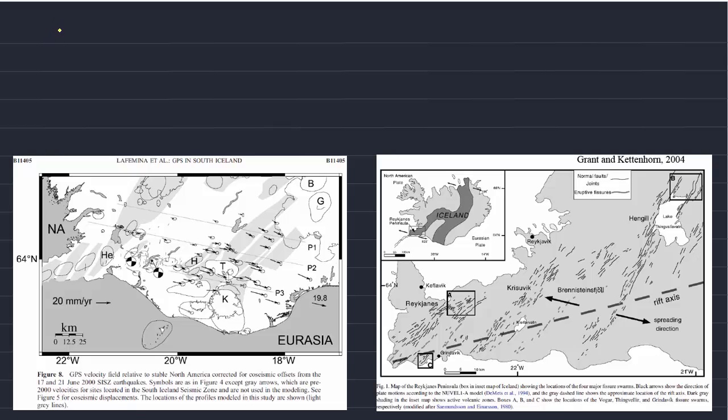The first is truly directional data, and that's vector data, and those are measurements that have unique directions associated with them.